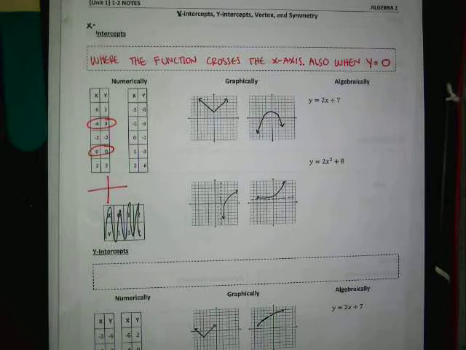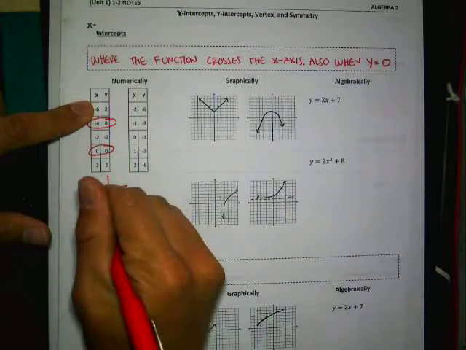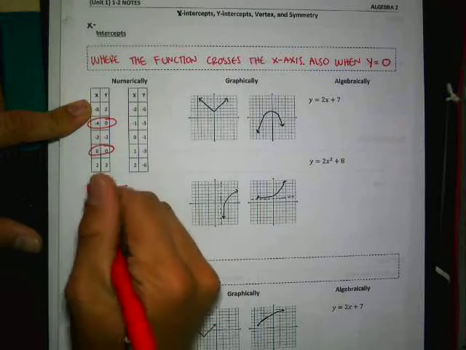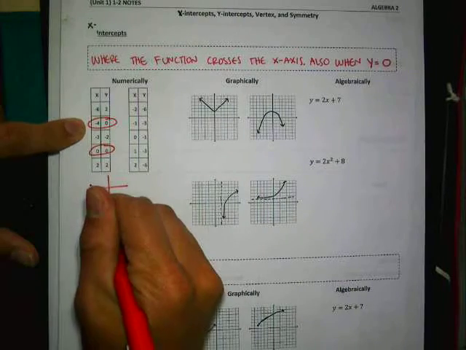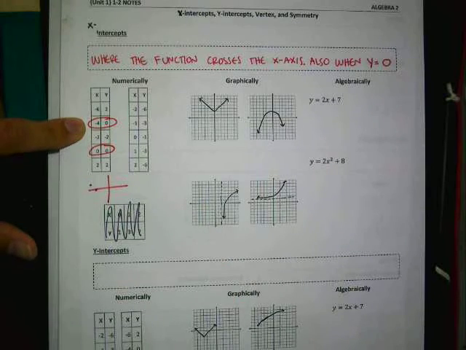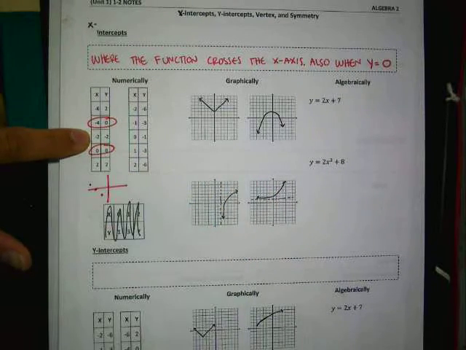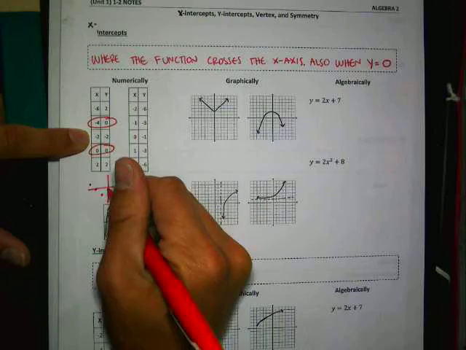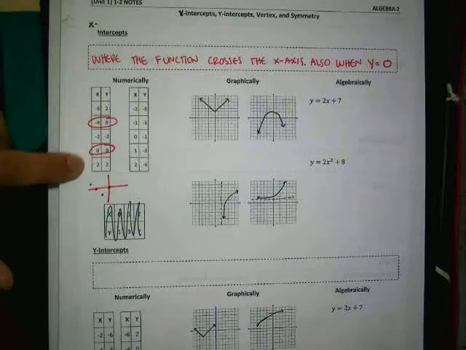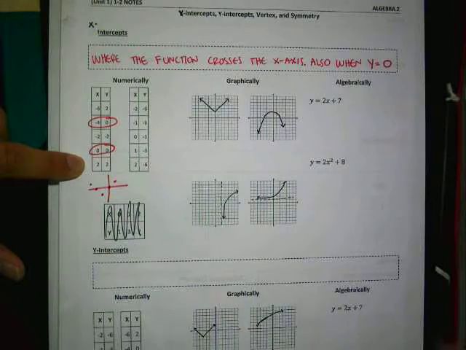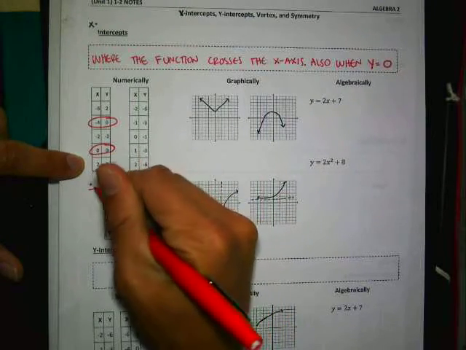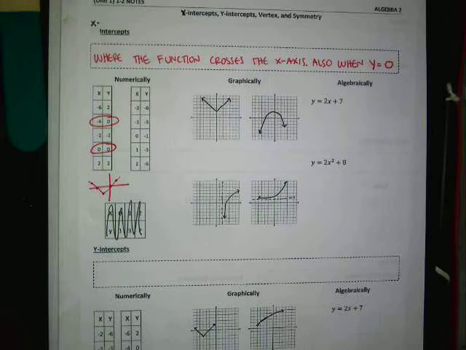It doesn't have to be super accurate. -6, 2 over here. -4, 0 right here. -2, -2 right here. 0, 0, and 2, 2. So then you can see that, yes, I have an absolute value function, and it is going to cross it twice and only twice. Right? So it's always just a good check, just to make sure they're not trying to trick you by not giving you all the information on the table.